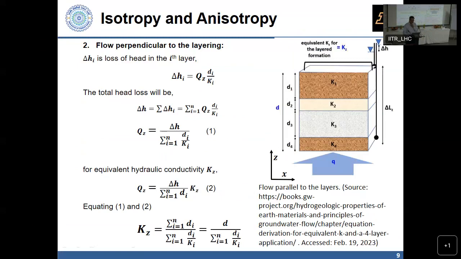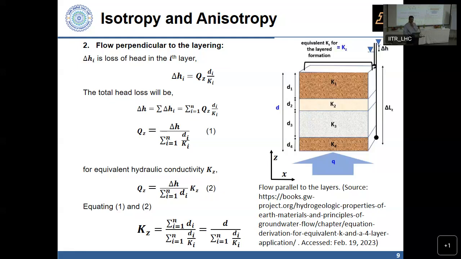The head loss will be determined by both the thickness and the hydraulic conductivity of that layer. So again Darcy's law, but applied in the vertical direction. The flow is the same in all these stratified layers, but the head loss in each is different, and that will depend on the K for that layer, the thickness of that layer, and of course the Q going through all the layers, which is the same.